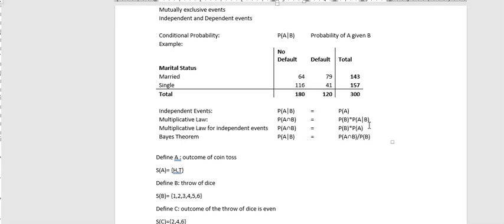So if the events A and B are dependent on each other, just like the previous example, default and marital status were dependent on each other, in that case we would multiply the conditional probability of one event with the main probability of the other event. And if those events were independent, then we would multiply those probabilities together.